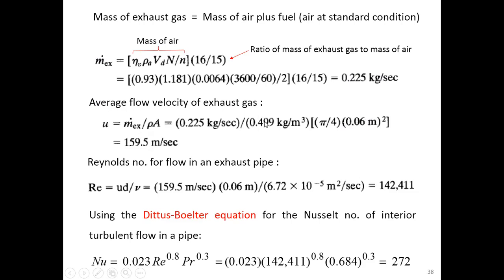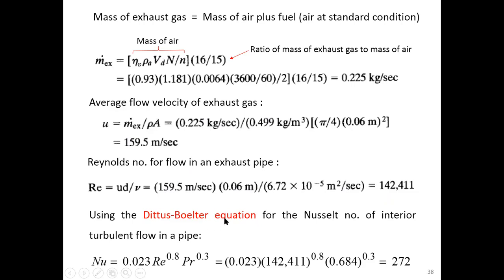The density of the air is already given, and the mass of the exhaust is already calculated. So the velocity of the exhaust gas inside the exhaust pipe is 159.5 meters per second. Then we can calculate the Reynolds number for the flow in the exhaust pipe: the velocity times the diameter of the pipe divided by the viscosity of the exhaust gas. Okay, come up with this.